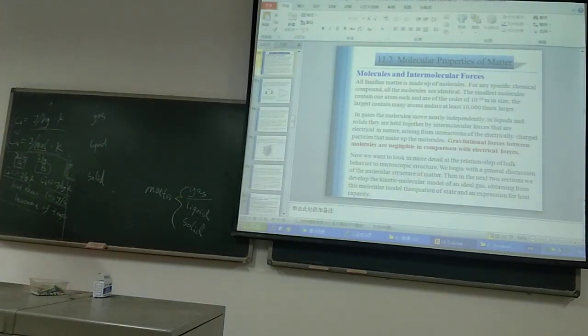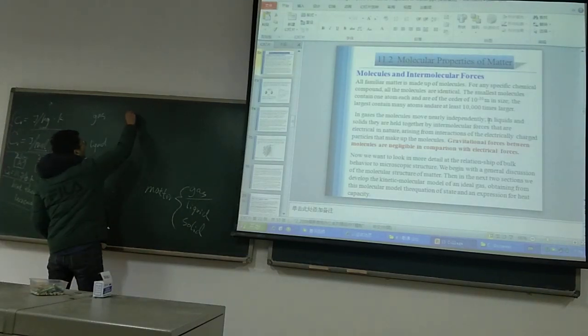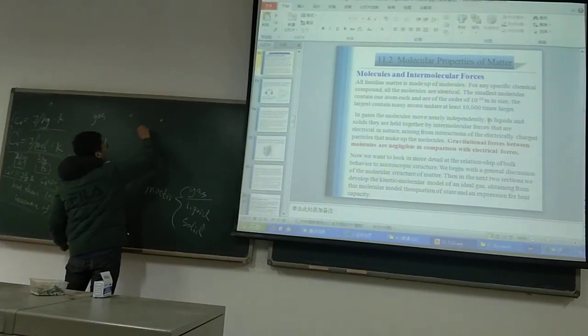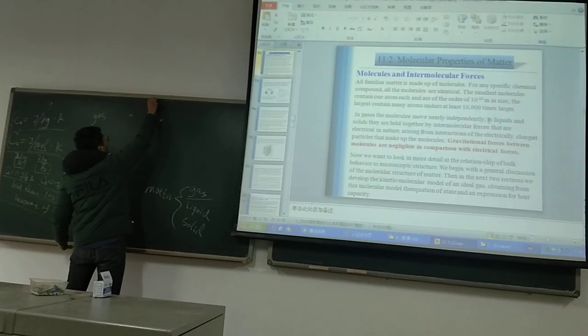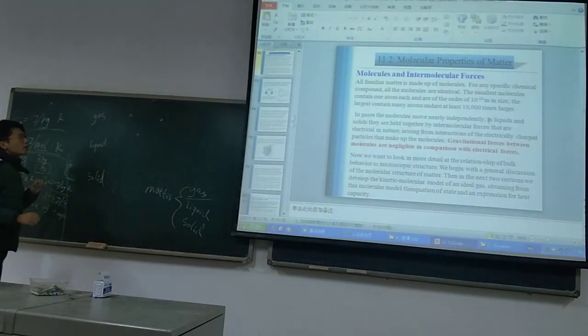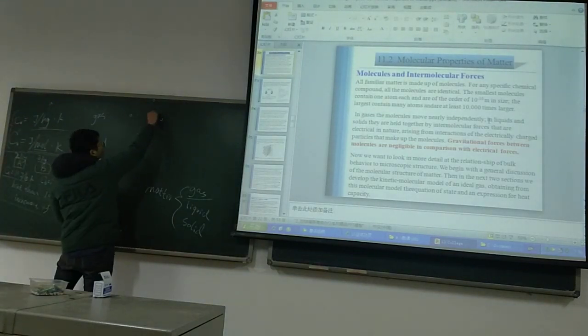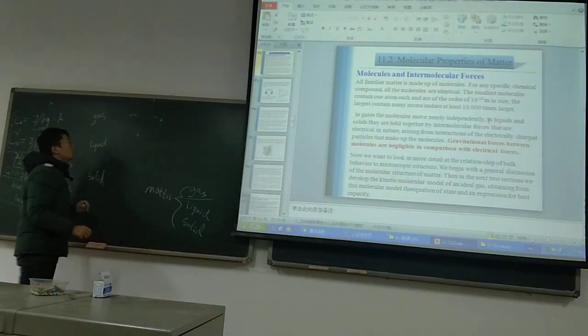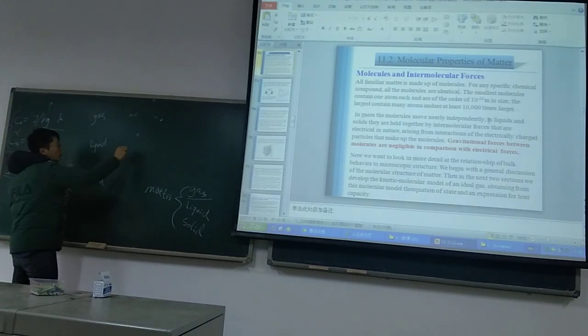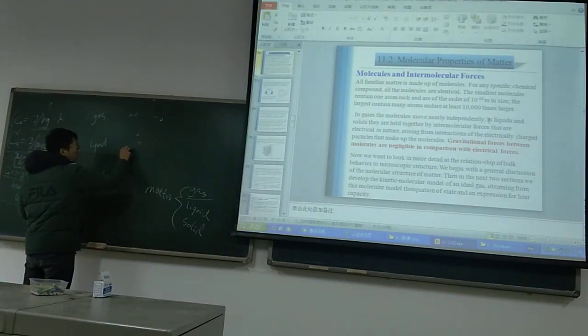As you can see here, in gas, the molecules move nearly independently, which means the molecules of gas are a long distance apart and have almost no interaction with each other. However, for liquid, they're closer.